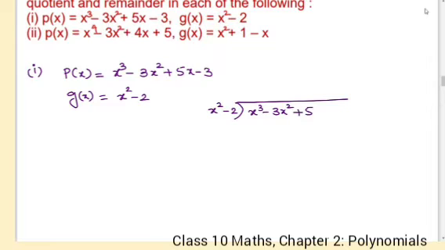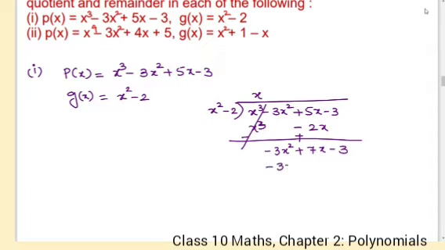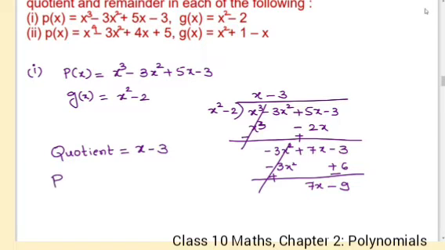X cube minus 3x square plus 5x minus 3, divide it with x square minus 2. X square into x is x cube, minus, no, multiply minus 2 into x, it becomes minus 2x. So solve this division like this. Now quotient is here x minus 3 and remainder is 7x minus 9.